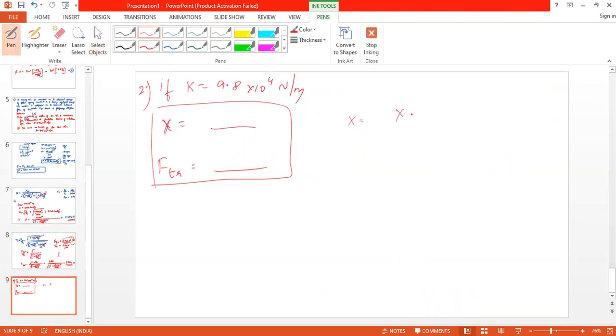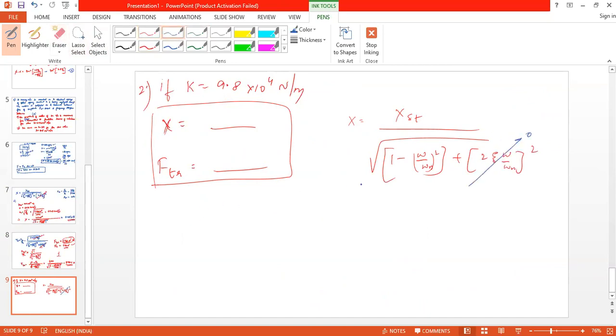So x is equal to x st divided by root of (1 minus omega by omega n whole square) plus (2 zeta omega by omega n) whole square. Here zeta is 0, so this term will become 0, and x st is F naught by k, that is equal to 490 divided by 9.8 into 10 power 4.